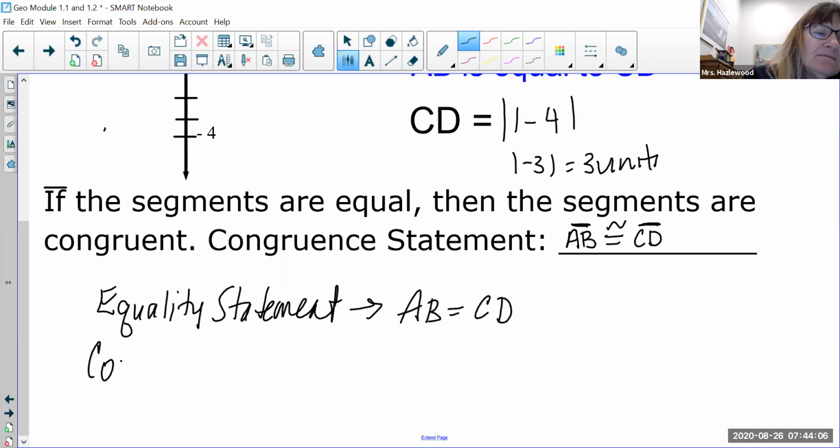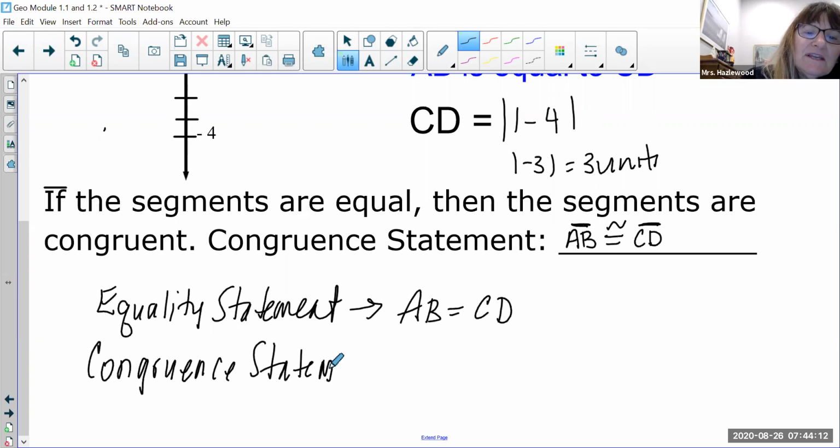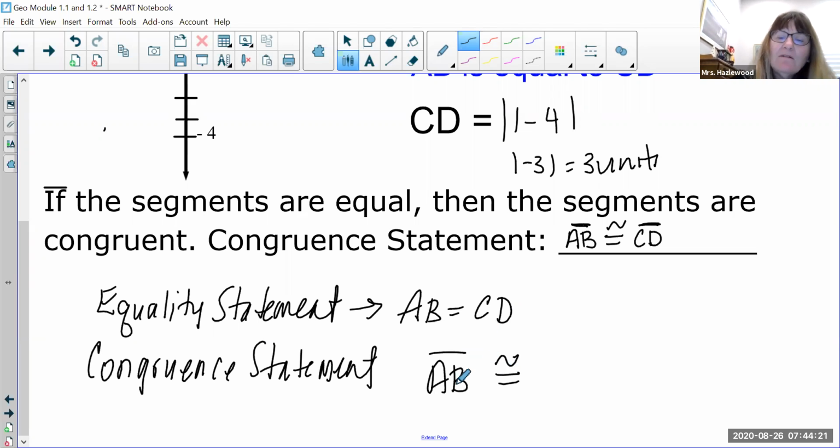Congruency statement: we use the congruency sign with the congruency statement, and we put a bar above the letters. Segment AB is congruent to segment CD.